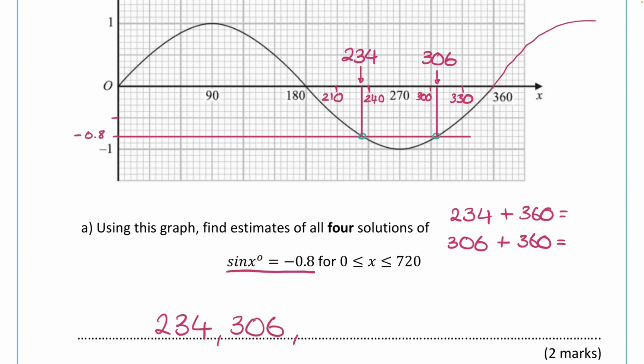So we'll do that on the calculator. 234 plus 360 is 594. And 306 plus 360 is equal to 666. So there we go, there's our other solutions, 594 and 666. That is our 4 solutions between 0 and 720.